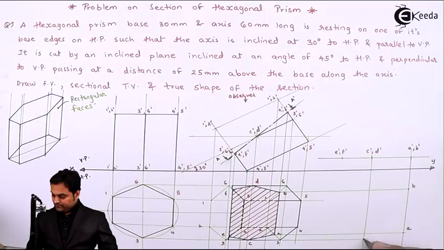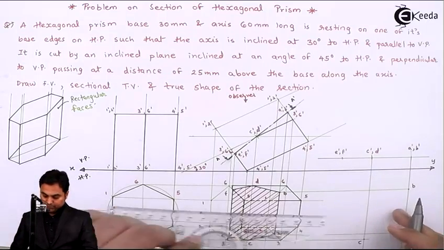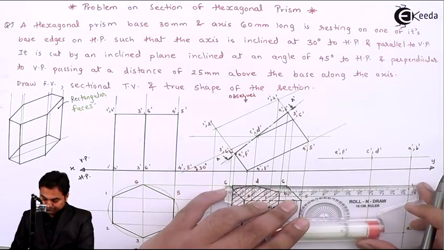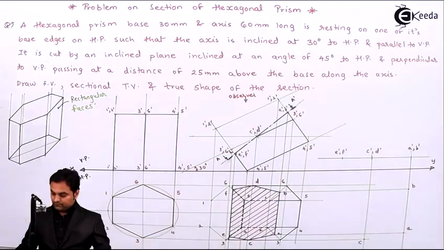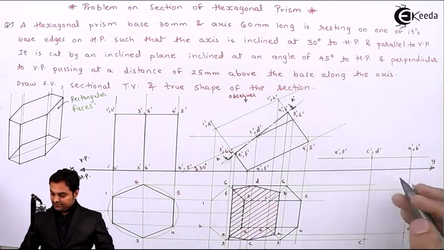So this gives me point C, and D is there at the top. So D dash and D.